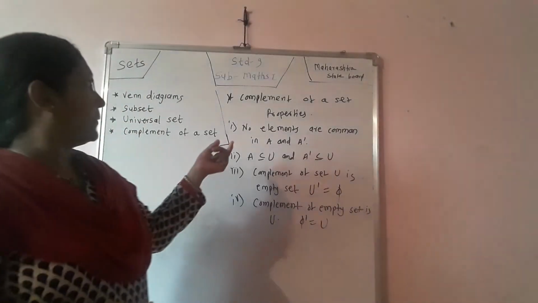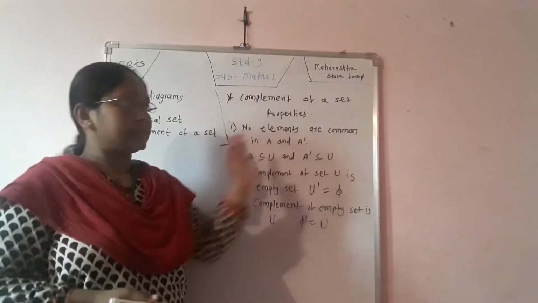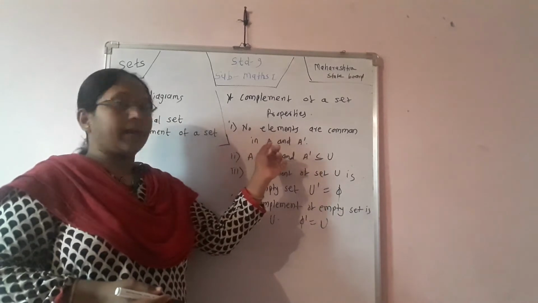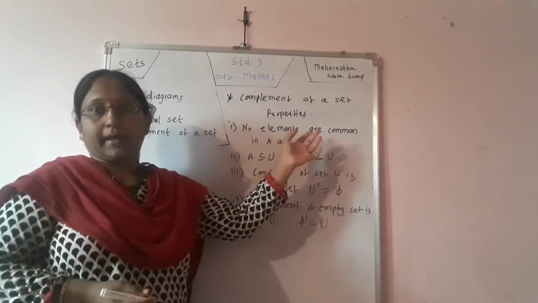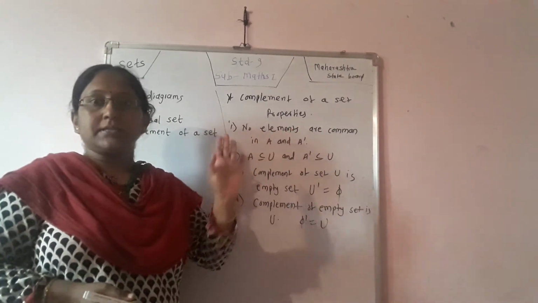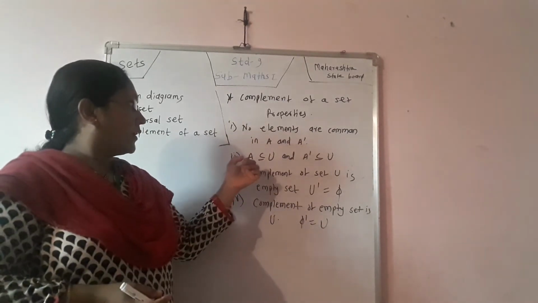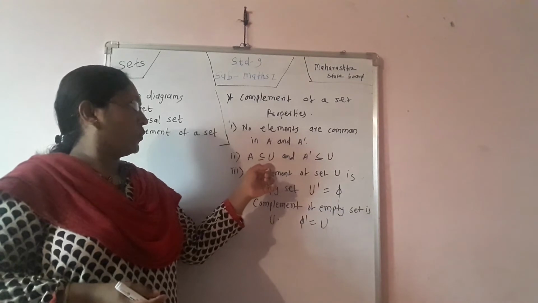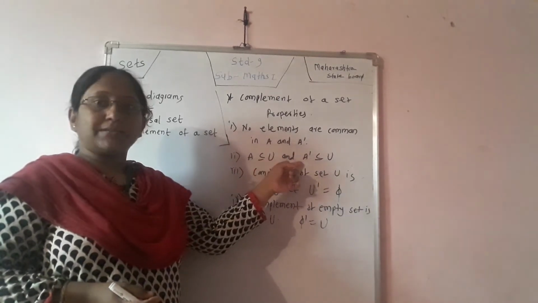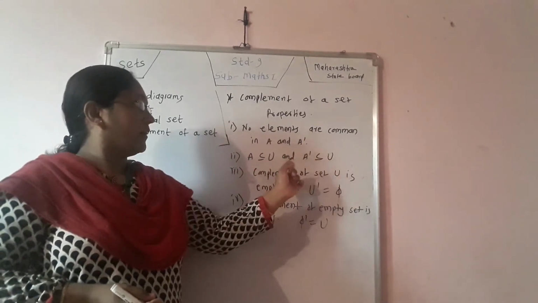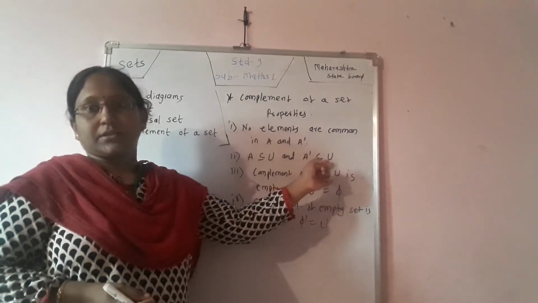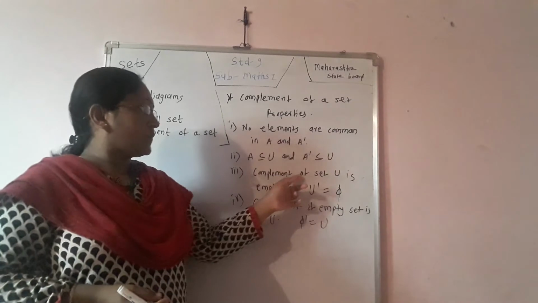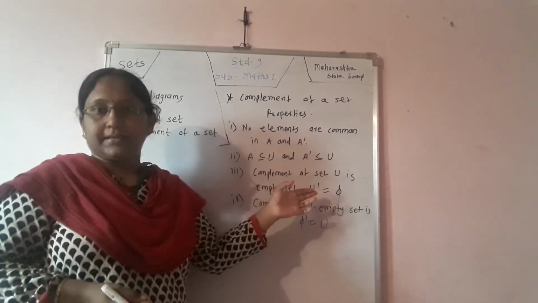Next, there are some properties of the complement of a set. First property: no elements are common in A and A dash or A complement. Second, if A is a subset of the universal set U, then A dash is also a subset of the universal set U. Third, the complement of set U is the empty set.